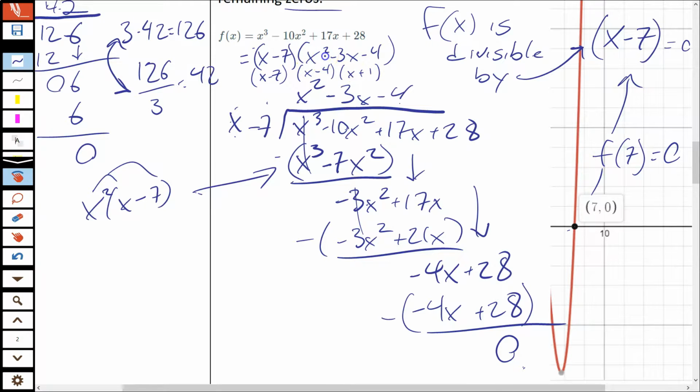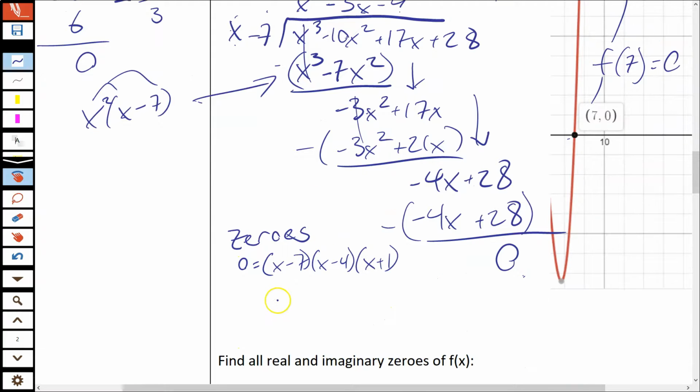And that would give me this quadratic if I multiplied those together. And I'm going to set that equal to 0. This gives me my zeros. So my zeros now, I'm going to list them down here, are x equals 7, x equals 4, and x equals negative 1. Okay. So that's pretty cool, right?